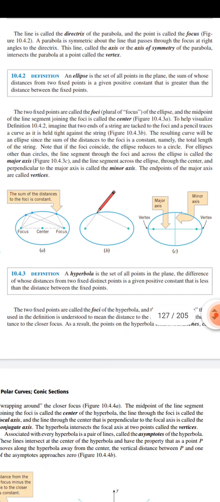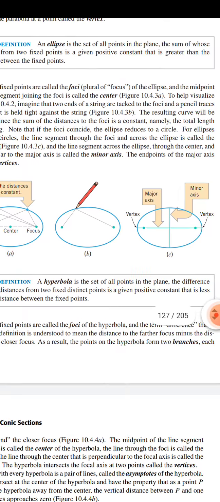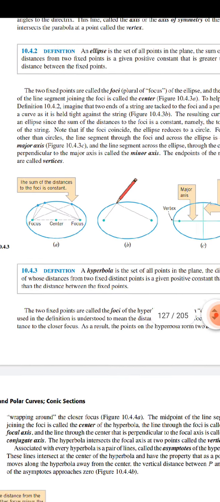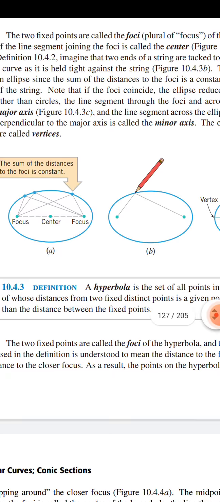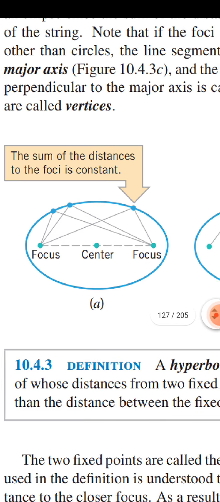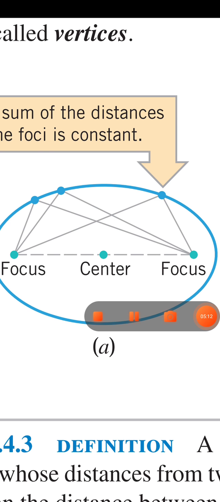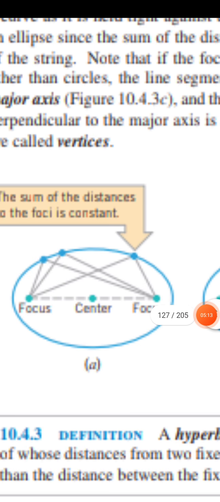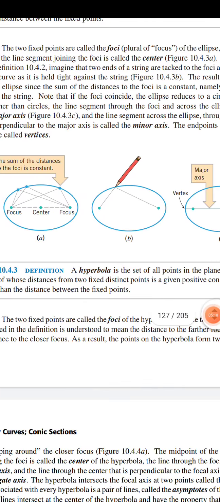For ellipses other than circles, the line segment through the foci and across the ellipse is called the major axis, and the line segment across the ellipse through the center and perpendicular to the major axis is called the minor axis. So the axis which passes through the foci is called the major axis, and the axis which is perpendicular to this axis is the minor axis, but actually it does not pass through the foci.